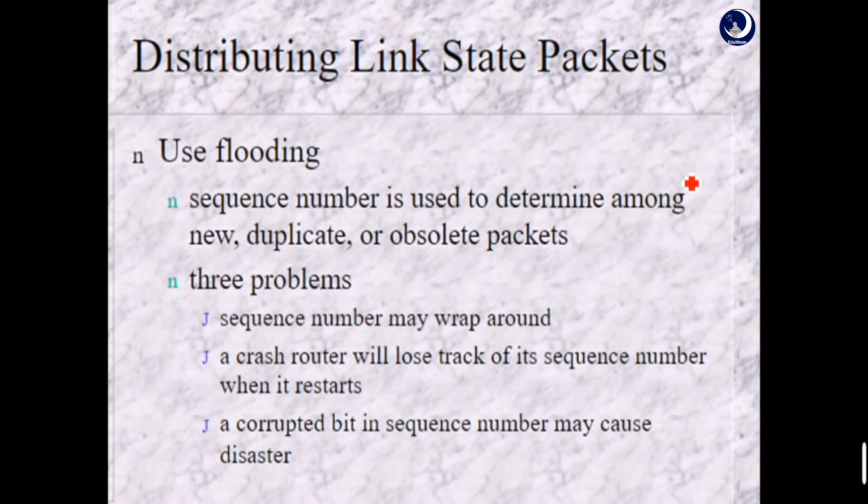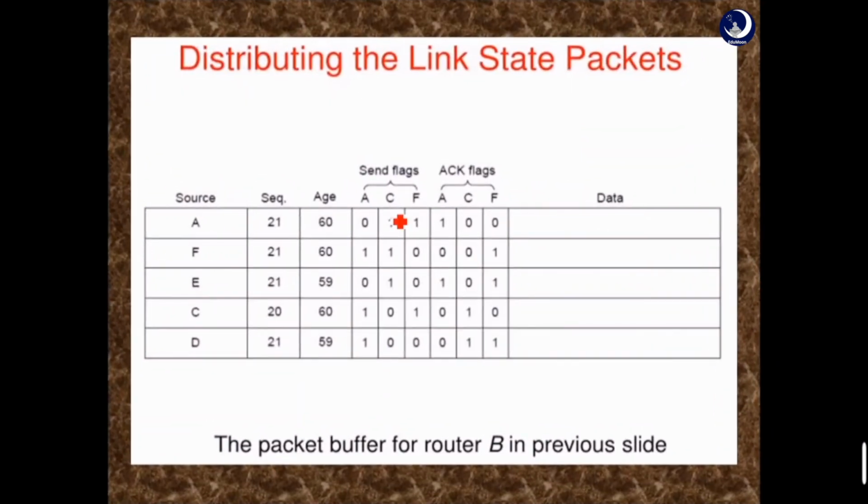Next is distributing the link state packets. Here, each packet contains a sequence number. They'll keep track of all the packets. In this table, you can see all the nodes maintain the list of the sequence numbers and to whom they are sending the data.